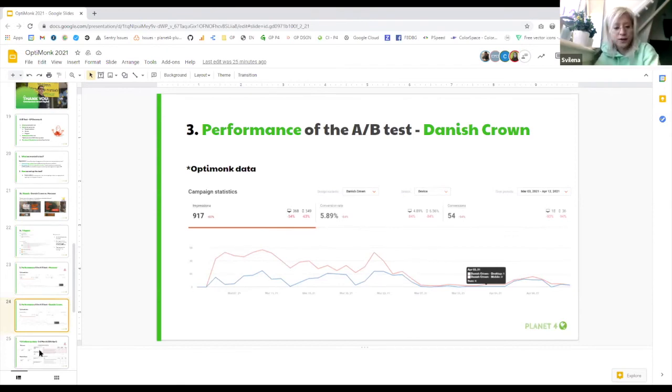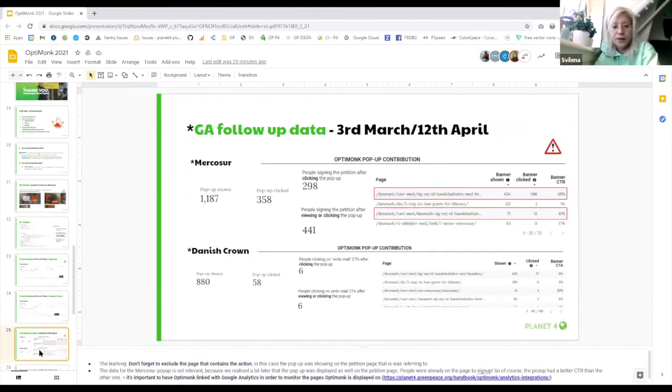So here comes the interesting part. This is how it looks in our Google Analytics dashboard. And thanks to Maria, our data analyst, she spotted the problem. And this was the first learning. It's important to have it actually linked so you can monitor what's going on, fix errors, and see exactly the performance.